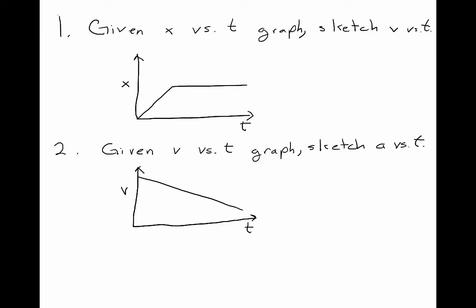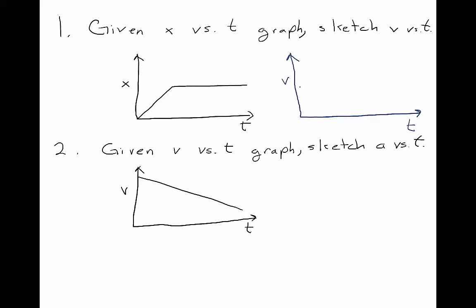Alright, so here's the answer. Alright, so we're going to draw the velocity versus time graph. Alright, so for the first time period, the position is increasing linearly at a constant rate.